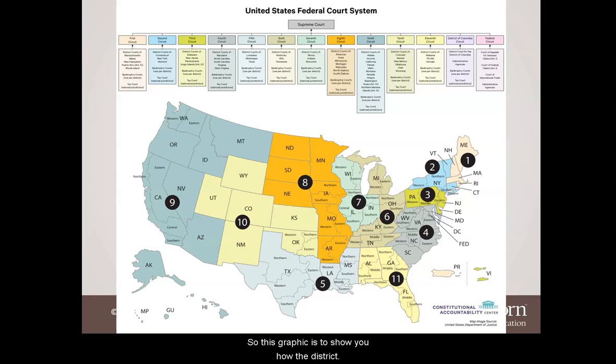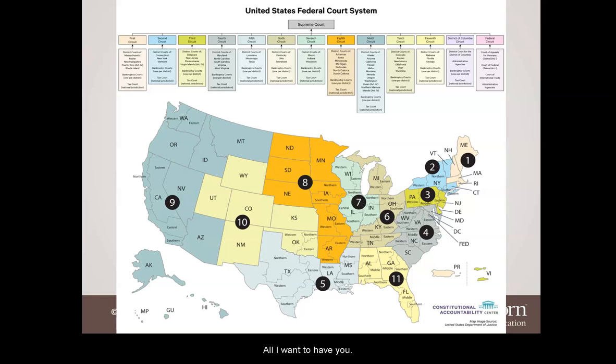So this graphic is to show you how the federal district courts are divided. And I want you to know that we are in California, so we are part of the 9th Federal Circuit. But you may have read cases that are from another circuit.